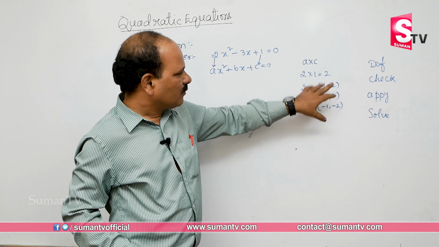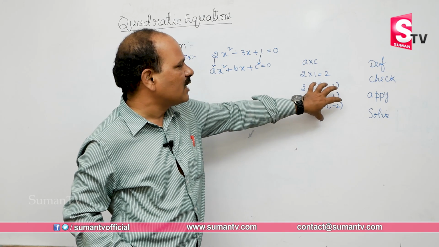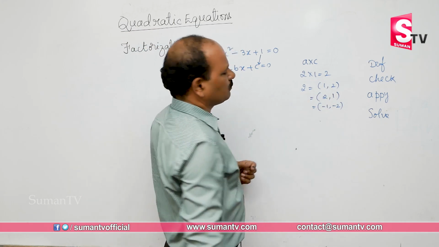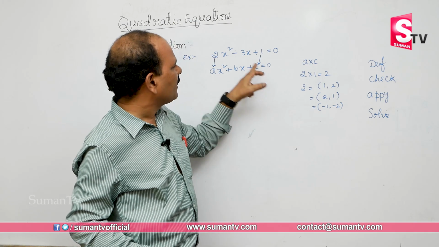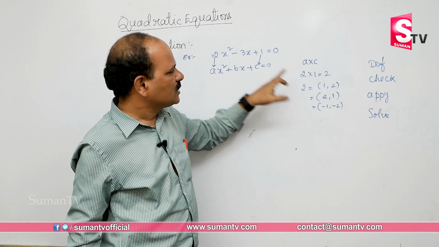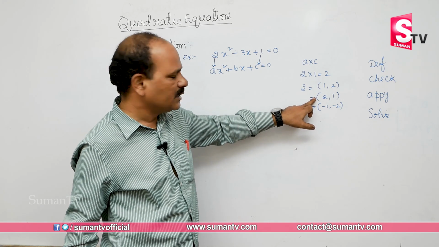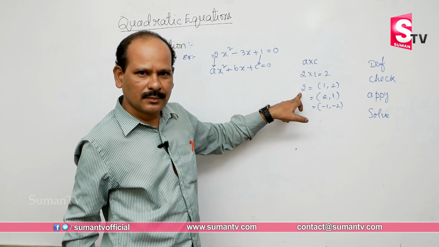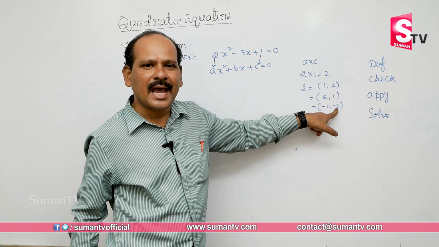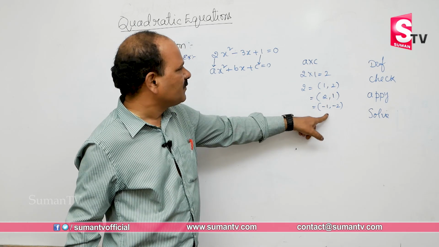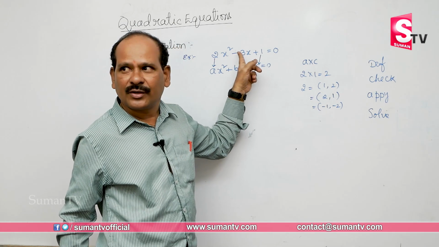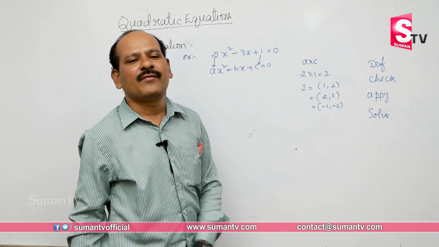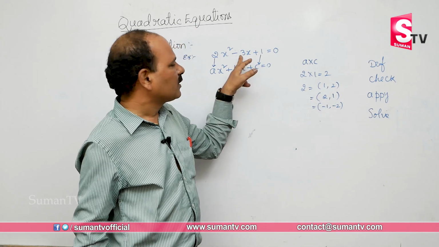Say 1 into 2, plus 2, but here minus 3 is there, so it is not suitable. Next, take minus 1 comma minus 2. Minus 1 into minus 2 is 2, and minus 1 minus 2, if you add them, gives minus 3. The middle term should come from taking one of the factors, and this one is suitable for the middle term.